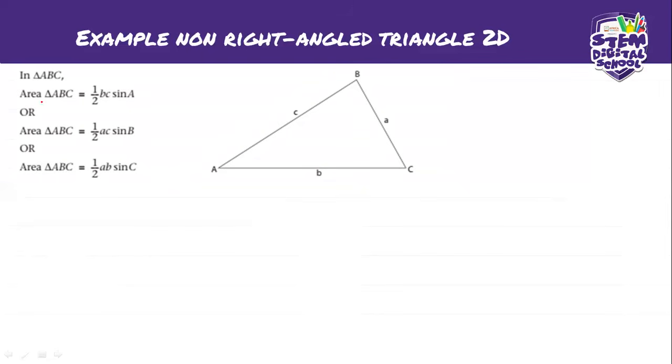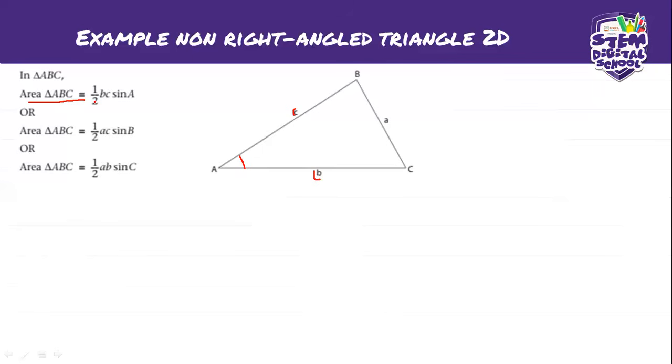All right, let us study the first formula, which is this one. You say area equals half times bc sine angle A. You can see we have small letter b, small letter c. For instance, if we are given this angle A, and we are given this side c, and we're also given the side b, then this is the standard formula for the area that you're going to use, right?